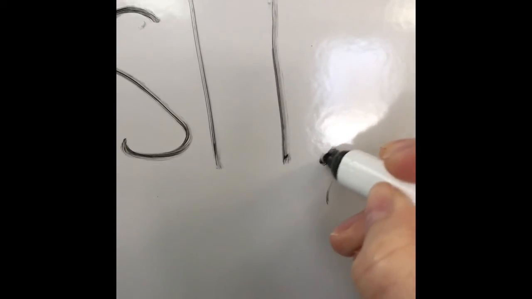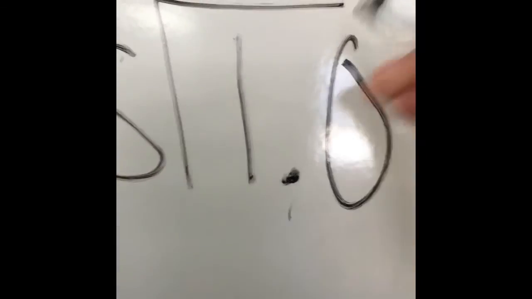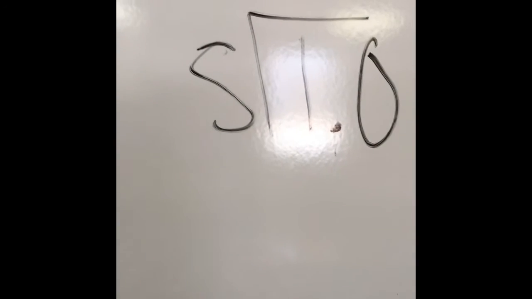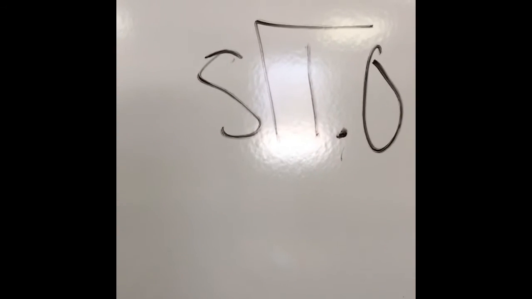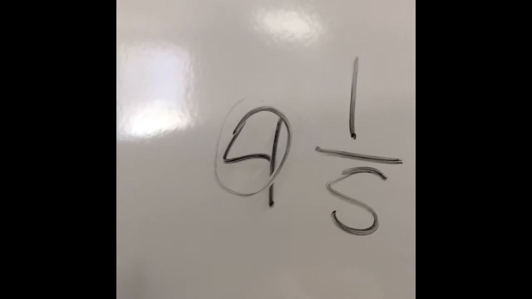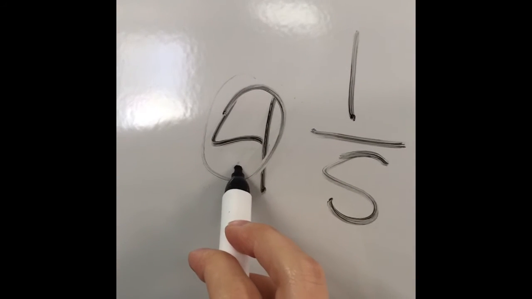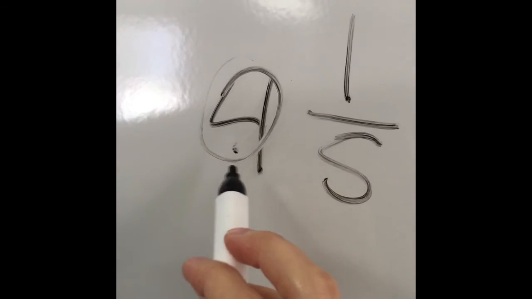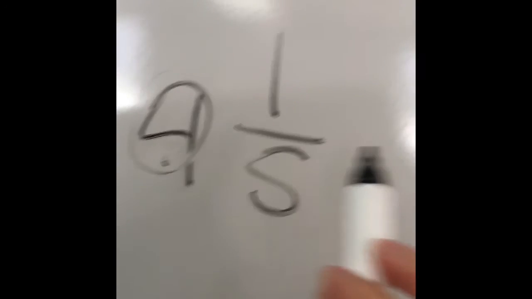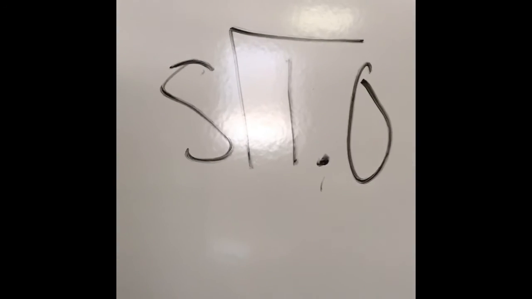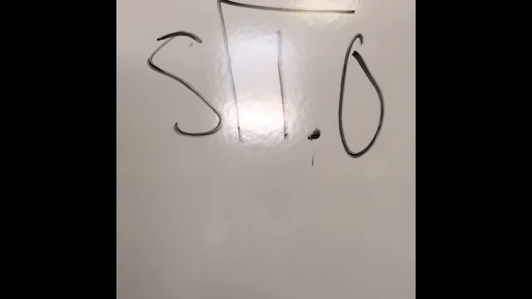Add your decimal and your 0, and then proceed from there. Once you get your decimal answer, you will add it to the 4 that you left by itself. So then your decimal answer is going to be 4 point whatever you find that 1 divided by 5 is.